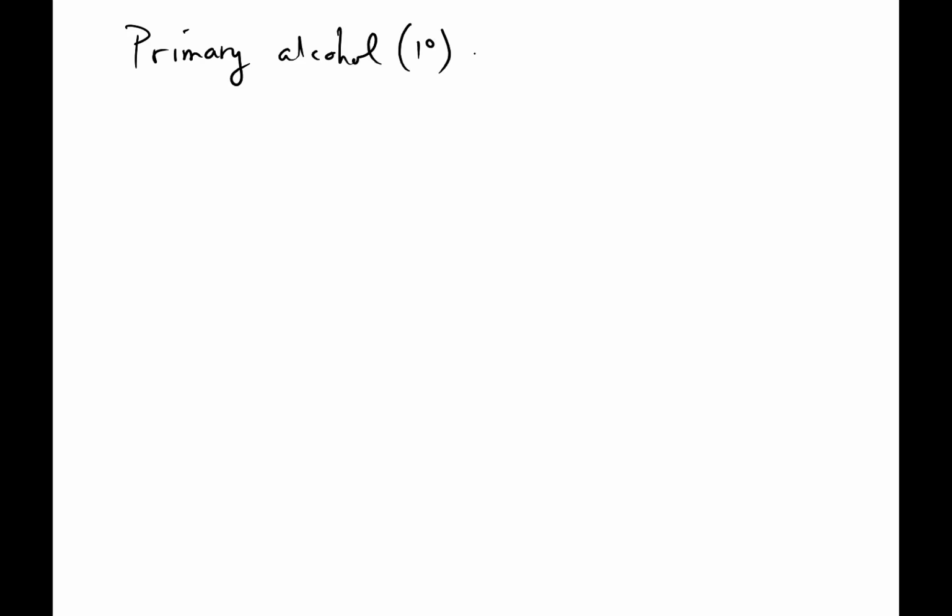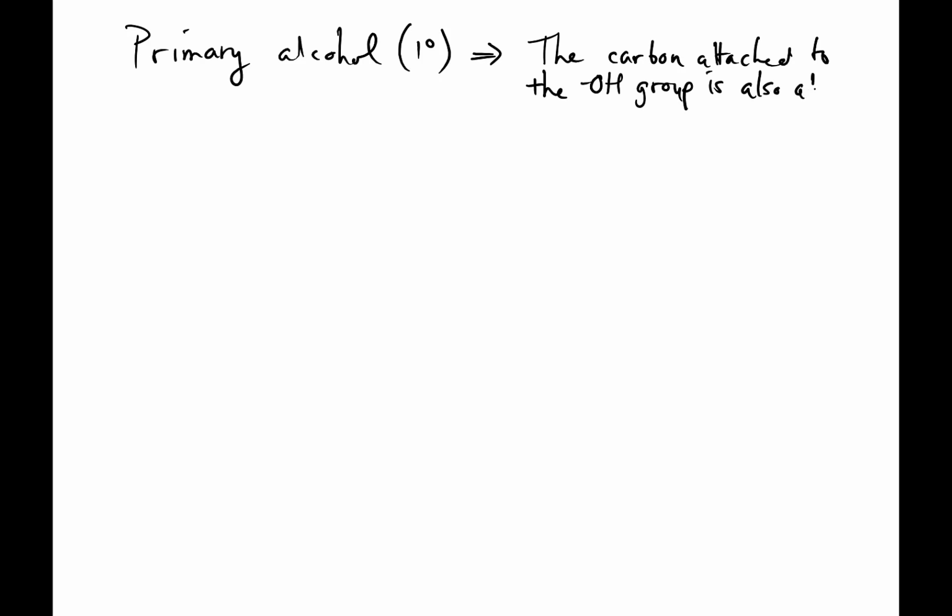Okay, so we'll just put: the carbon attached to the OH group is also attached to one alkyl group. Now you'll see right away where this is going.